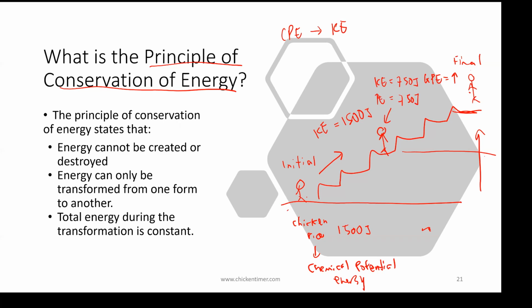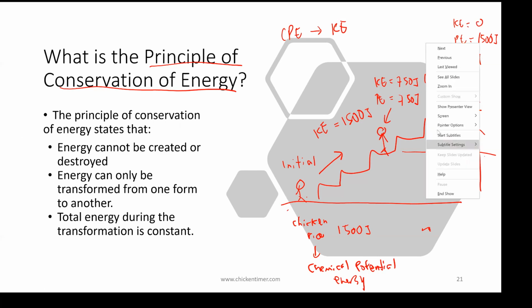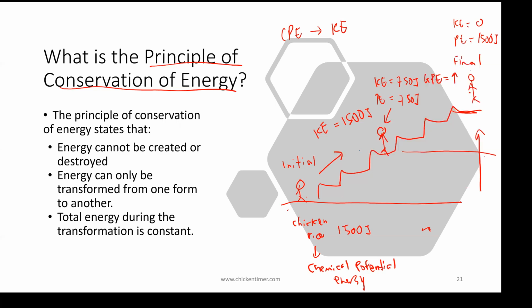Then he continues to climb. When he reaches the top, gravitational potential is the highest, so PE will be 1,500. And because he's at the top, he's no longer moving, so KE is 0. If you notice, initially the chemical potential energy is 1,500.